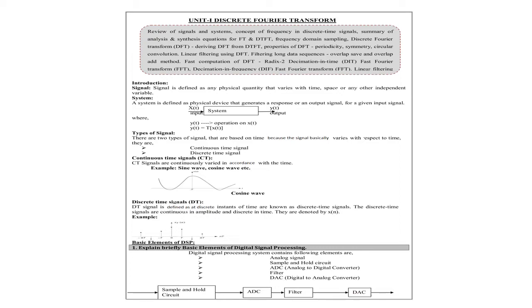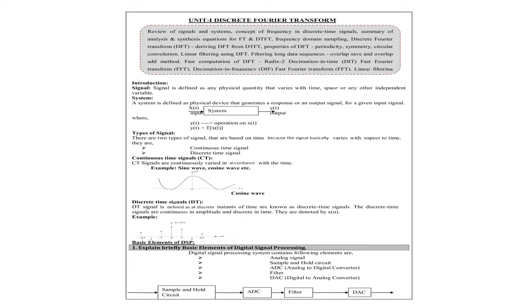Then we have to derive the formulas for DFT as well as FFT. Next we are going to see the fast computation of DFT, then radix-2 decimation in time, then linear filtering. All these things we are going to see in this unit.